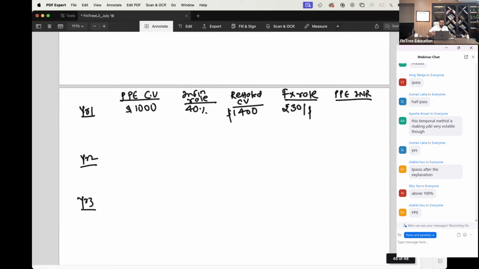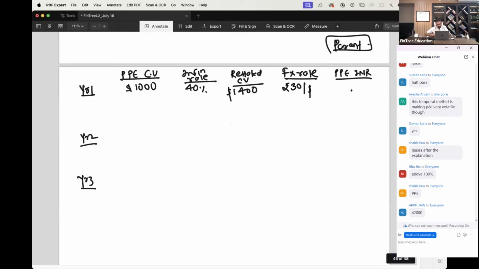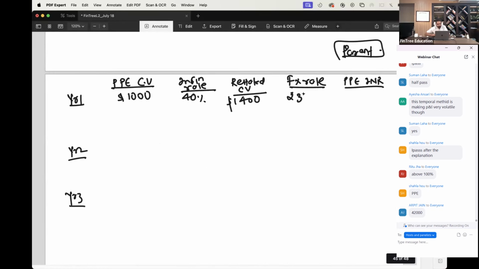When I convert to the parent currency, I'm going to multiply with 30, no? So how much will that be? 42,000. But this should be slightly above 30. So how much amount did we invest? 50,000 divided by 1400 is 35.71. So if this is 35.71 for a dollar, when I convert it, it will become rupees 50,000. Is it the same as the value that I initially invested? Yes. So by this logic, IFRS should work well.